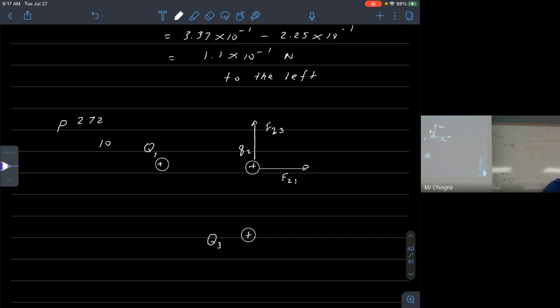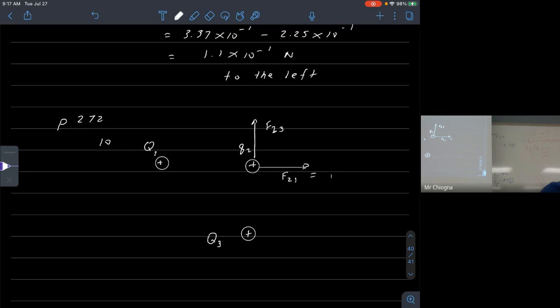Okay, I'm just going to give you the answer for F21 and F23. I think you know how to do that by now. So let me see here, 3 and 4. F21 is 3 times 10 to the negative 1, 0.3 newtons.